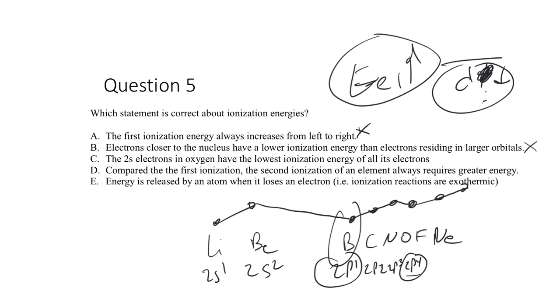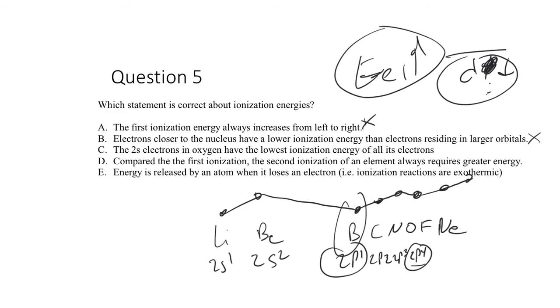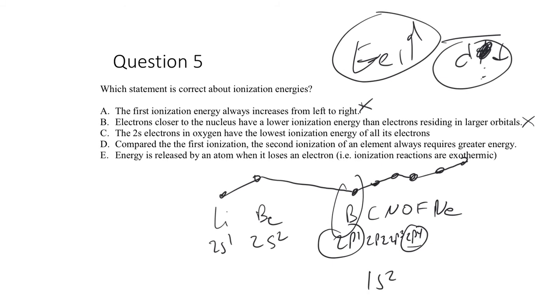The 2s electrons in oxygen have the lowest ionization energy of all of its electrons. If you look at an atom like oxygen, 1s2, 2s2, 2p4, you can ionize each of these electrons. The hardest to ionize are the core electrons, so they require the greatest amount of energy. And so it's the core electrons that require the greatest energy, not the 2s.